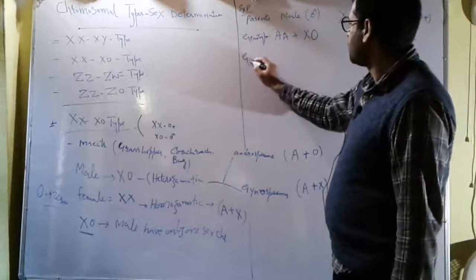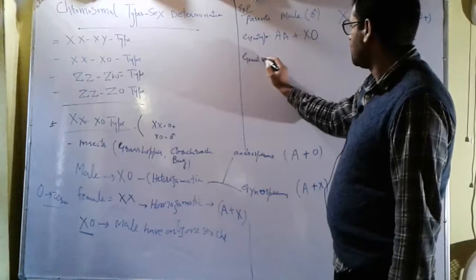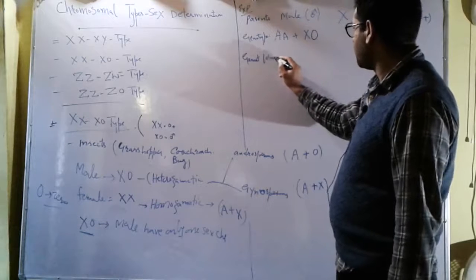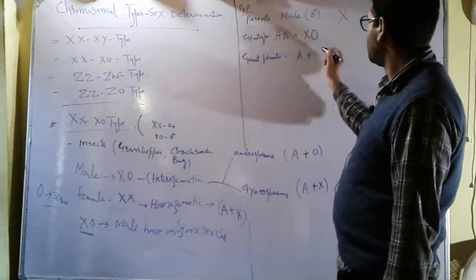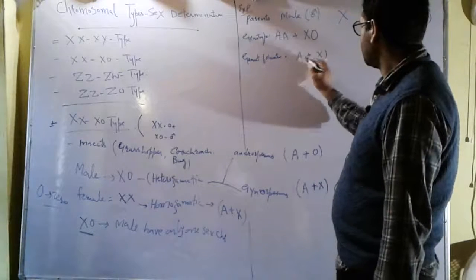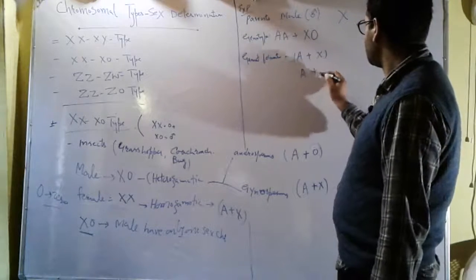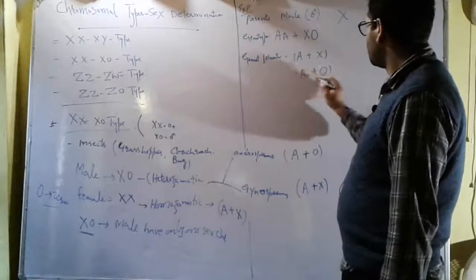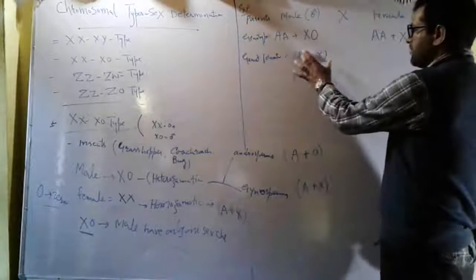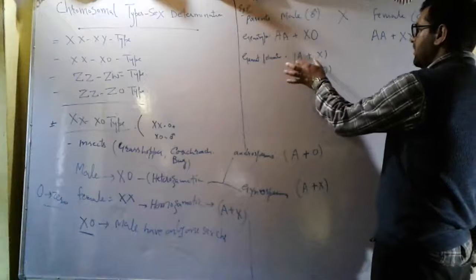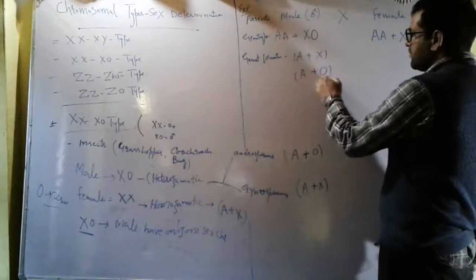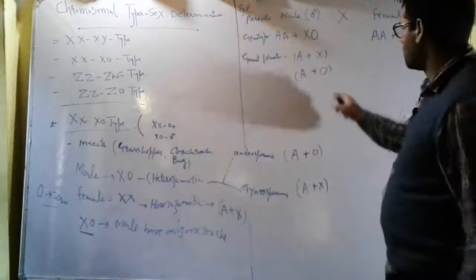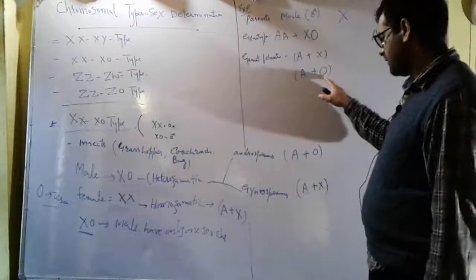Then we have gamete formation. The law of segregation will operate here. So A plus X, A plus 0. Here we have two types of gametes. Some gametes have the sex chromosome X. Some gametes do not have the sex chromosome, which is represented by 0.